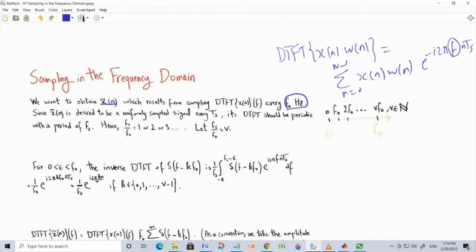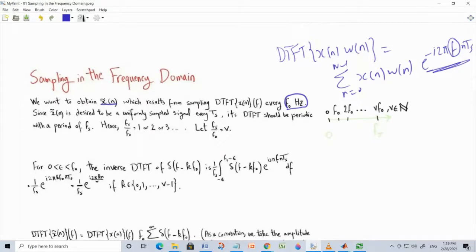But there is one technicality to think about before we move on. You are now sampling the DTFT of a signal that in time is already discrete, defined on a grid with interval Ts. From the definition of the DTFT, if you look at this factor here, you will find that the DTFT is always periodic, and its period is Fs, which is 1 over Ts.